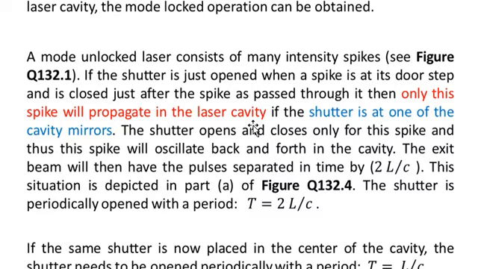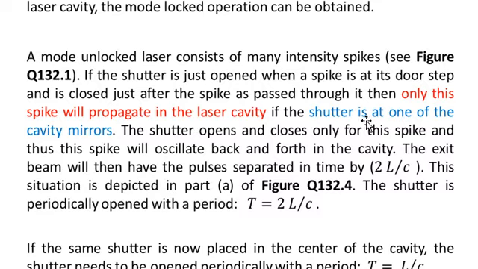That is, you are placing a very fast shutter within the laser cavity, and the shutter just opens when it receives the spike and just closes down when the spike has just passed. So if the shutter is just opened when the spike is at its doorstep and is closed just after the spike has passed through it, then only this spike will propagate in the laser cavity.